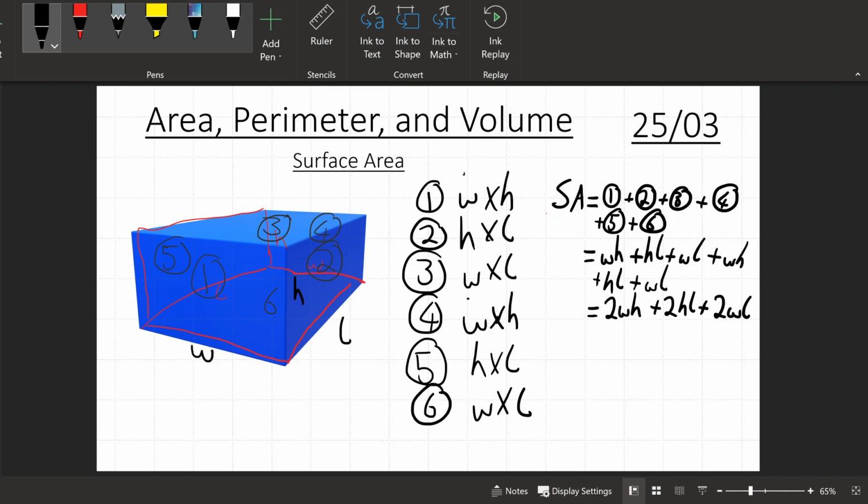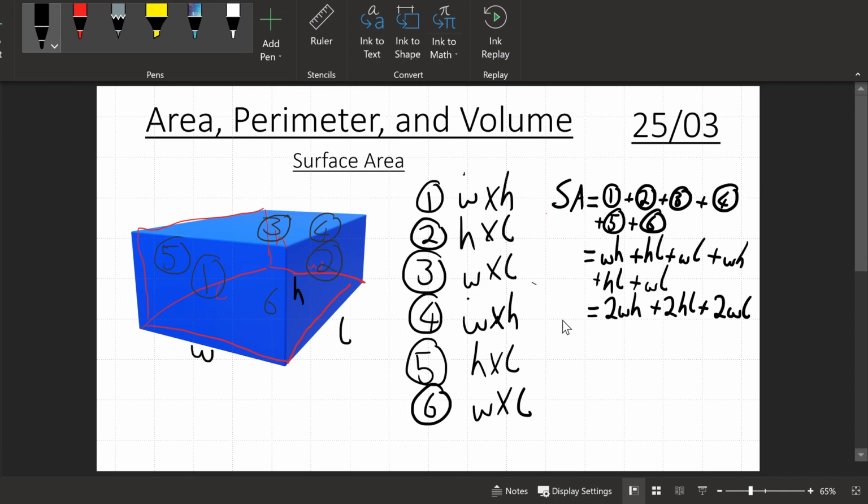label each edge, whether it's the width, the height, or the length, and then write in whether it be width times length, width times height, and you will ultimately find that you'll get this formula again, okay?